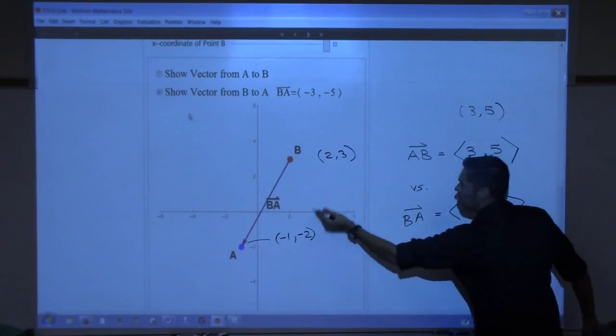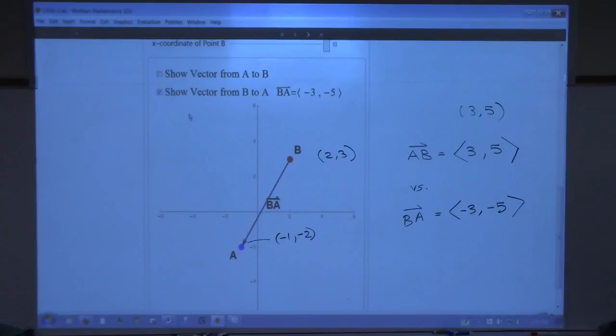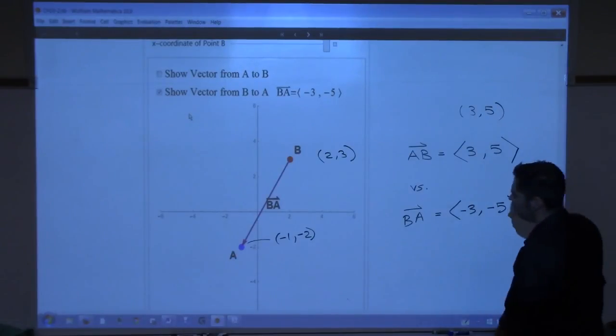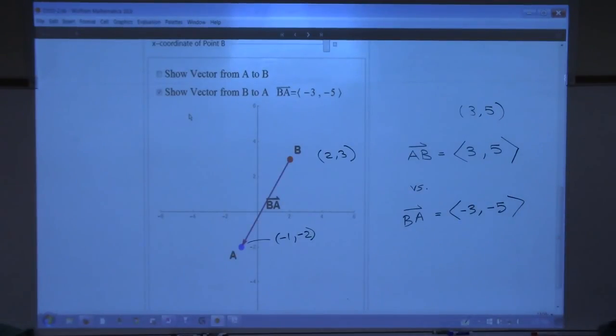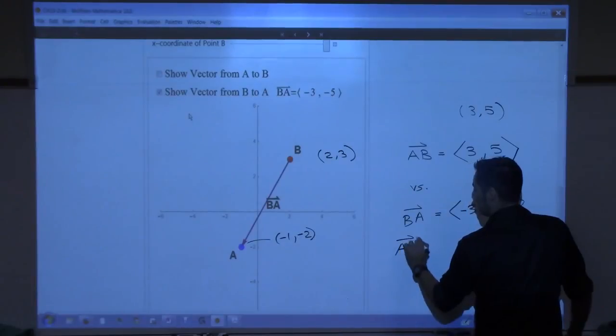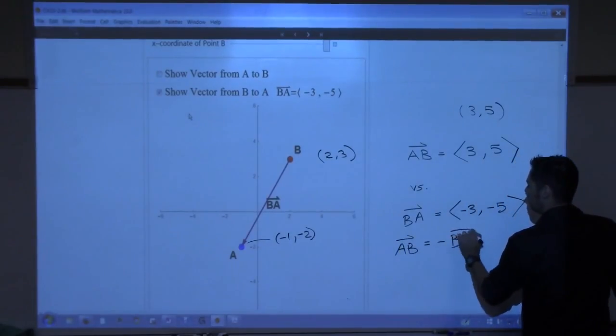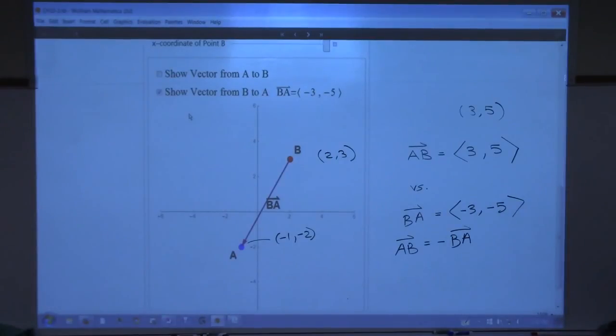And then we go -2 take away 3, we get -5. Those look similar, don't they? They do, don't they? They're just off by a sign. In fact, you could say this, couldn't you? The vector from A to B is just the opposite or negative of the vector from B to A. That's all it is.